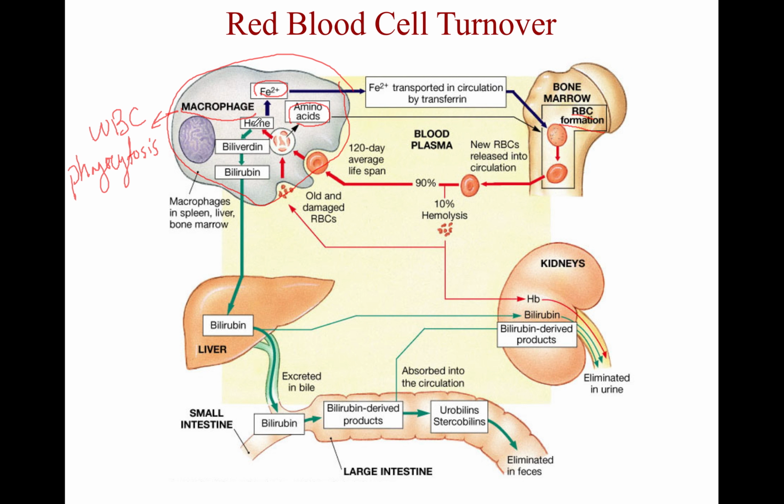And here you have the heme component that eventually becomes bilirubin, gets transported to your liver, excreted as bile into the large intestine, and eventually eliminated as fecal matter. And here you also have bilirubin getting transported to your kidneys and eliminated as urine. So depending on which components, every part can go to different locations and either be recycled or removed from your system completely.